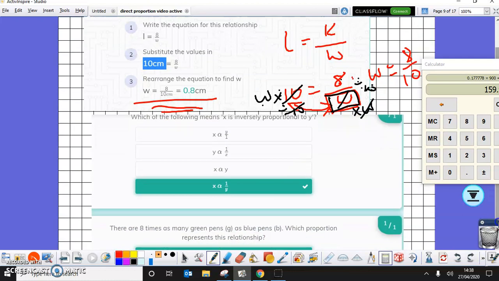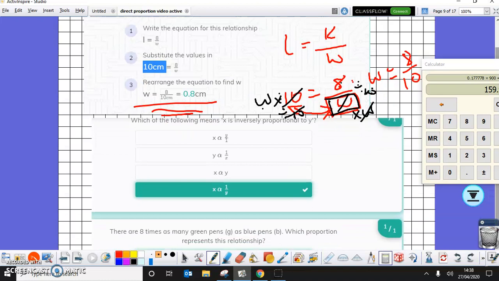Okay, another one that was on Seneca. Which of the following means x is inversely proportionate? Well, we know x is inversely proportionate to y. So straight away we've got that 1 over y is proportionate to x. We know it can't be, y is not on the top.